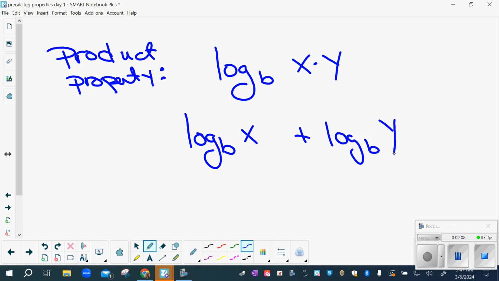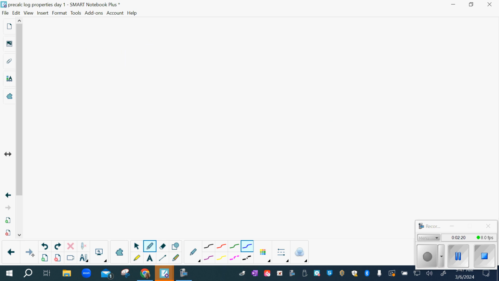So we're going to try some random ones. If you want to do it on your whiteboard desk, you can, or put them on your paper. I'm going to give you a bunch of examples using this property. So here comes our first one. On these, I would like you to stretch them out. Log base 3 of 5x.